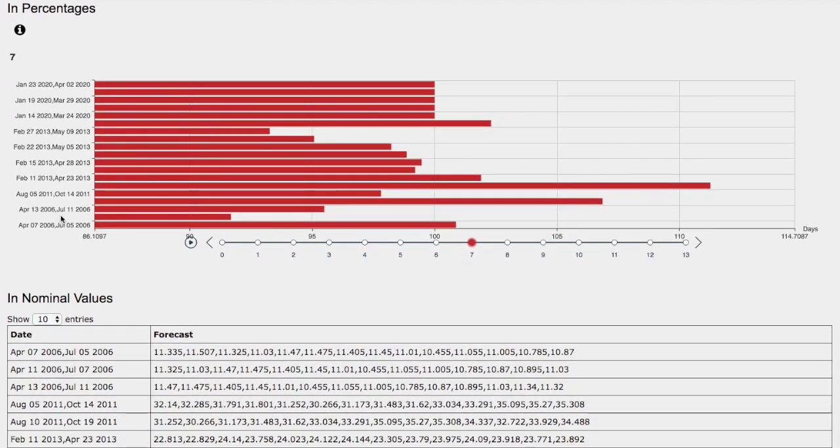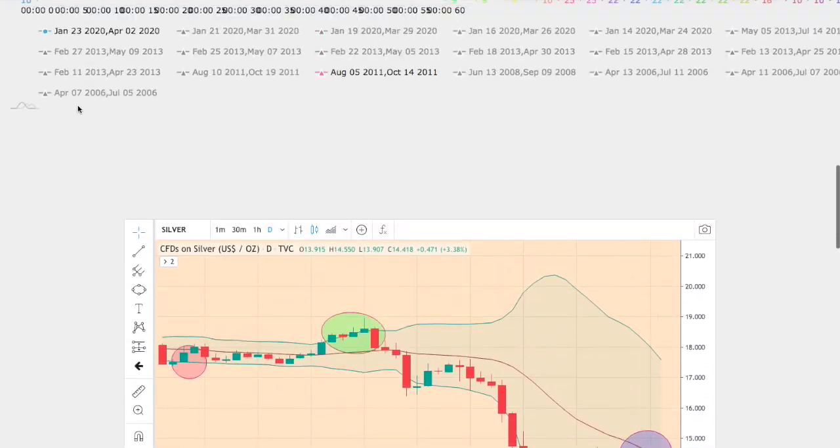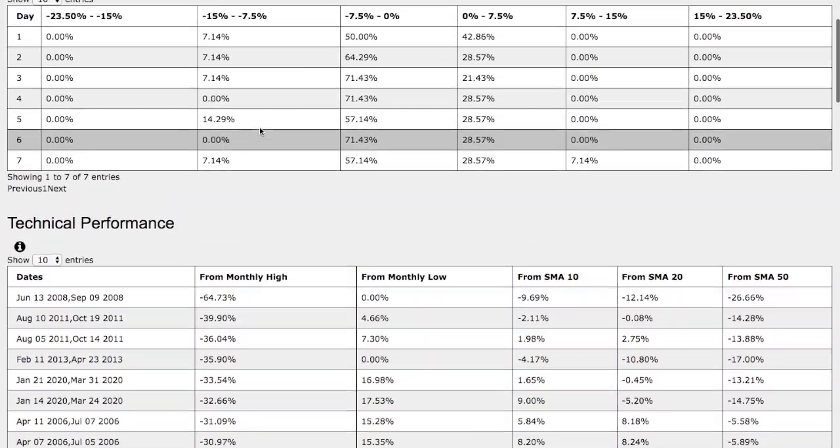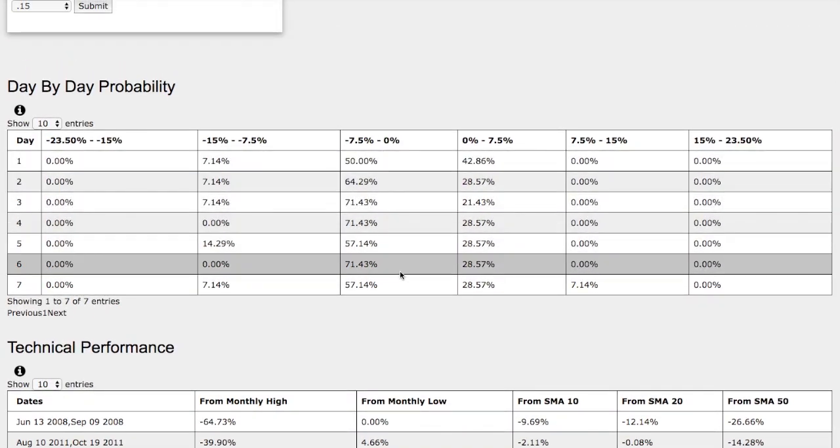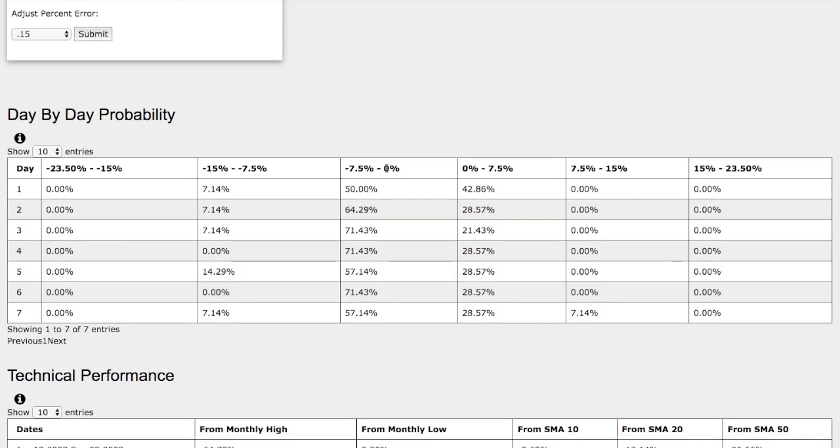So the model that we just examined was August 5th, 2011 to October 14th, 2011. Back then, silver fell around 2.2%. So we may see sideways price action in the next coming days. That coincides with this standard deviation between 0 and negative 7.5% with a 57% chance of hitting it.